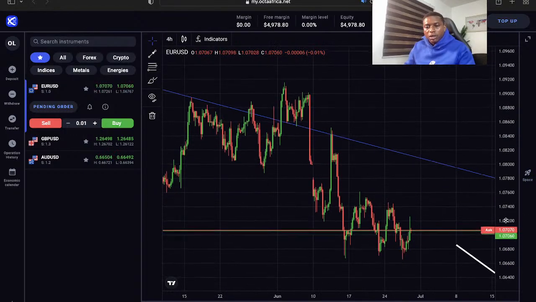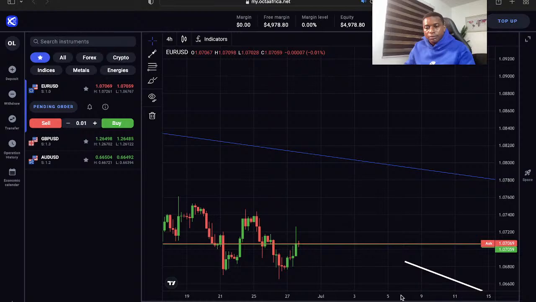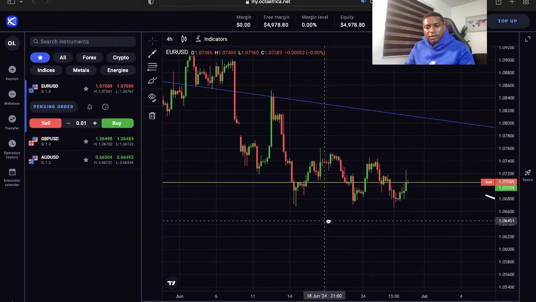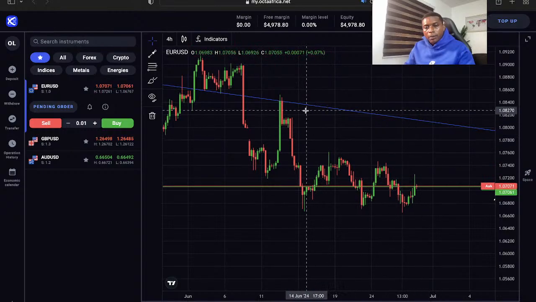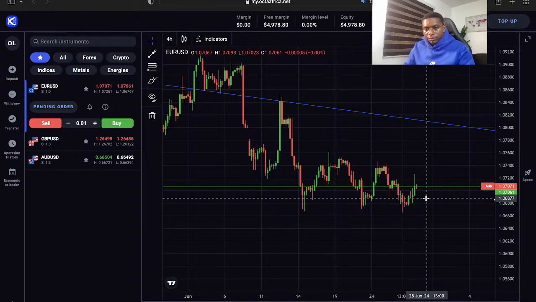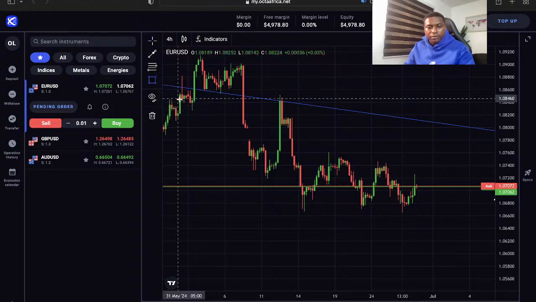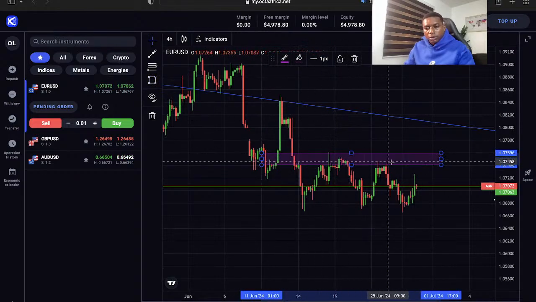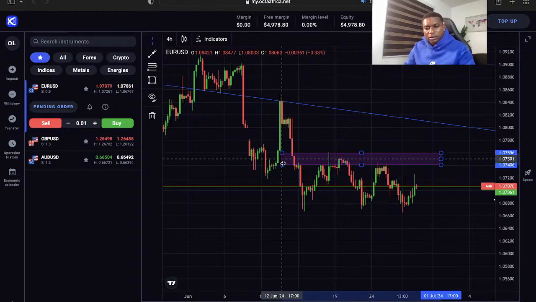When you look at the 4 hours time frame here, it's just clear that sellers are selling. Look at levels like this.